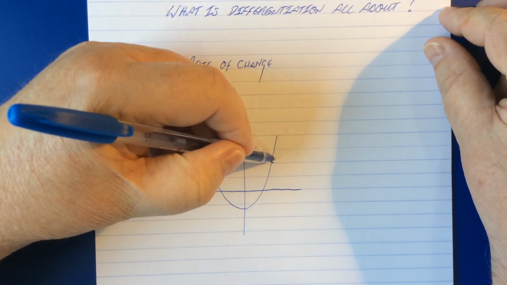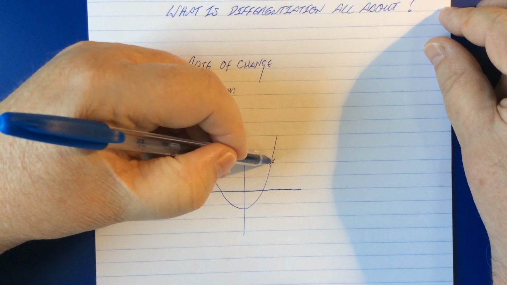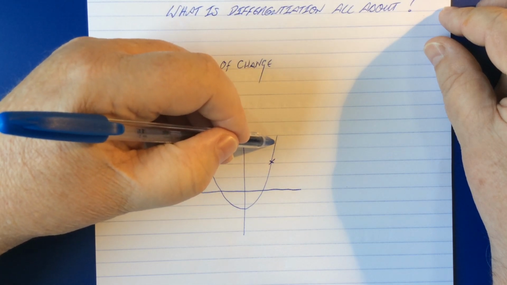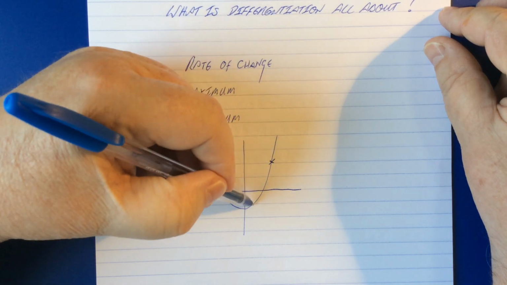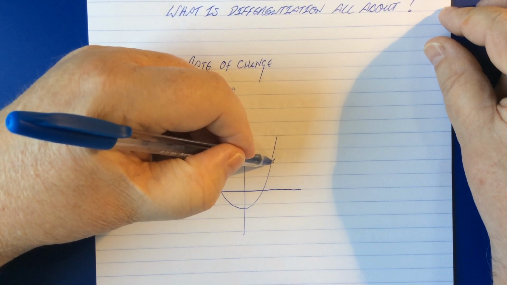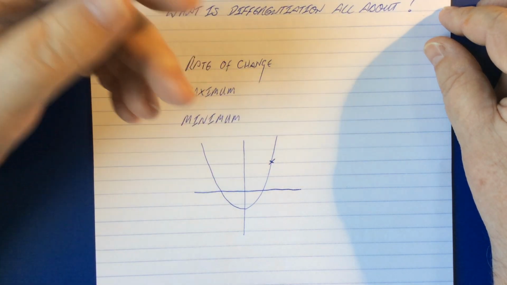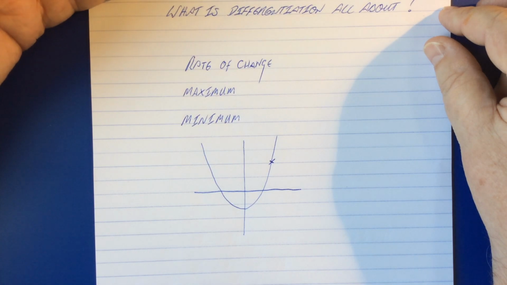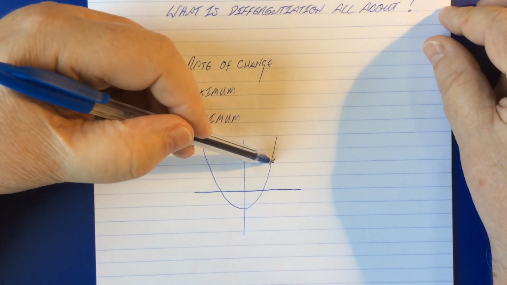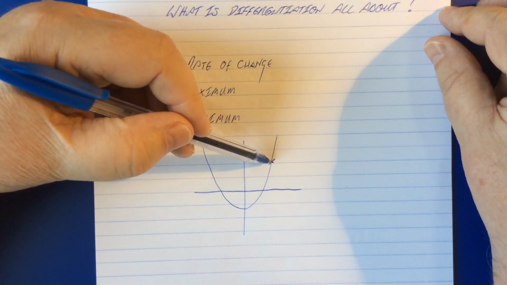Let's just say that you want to know what the gradient of the line of this quadratic is at this point. What differentiation allows you to do is to find the rate of change or the gradient.